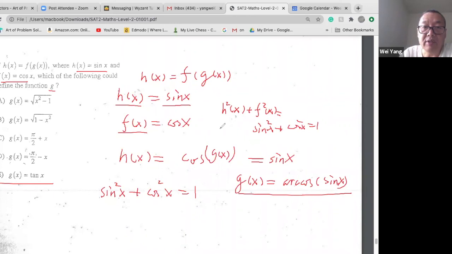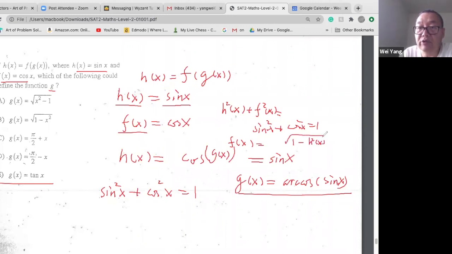So that means we can write fx equals the square root of 1 minus hx squared.